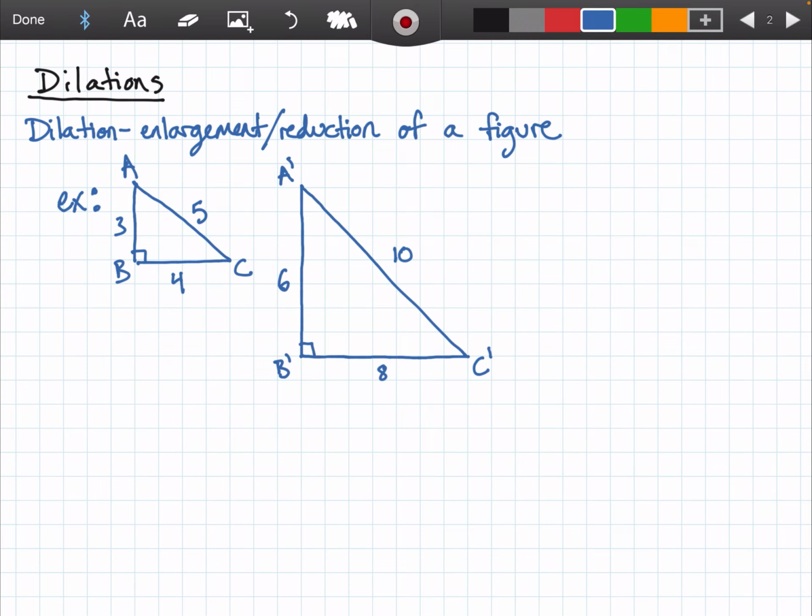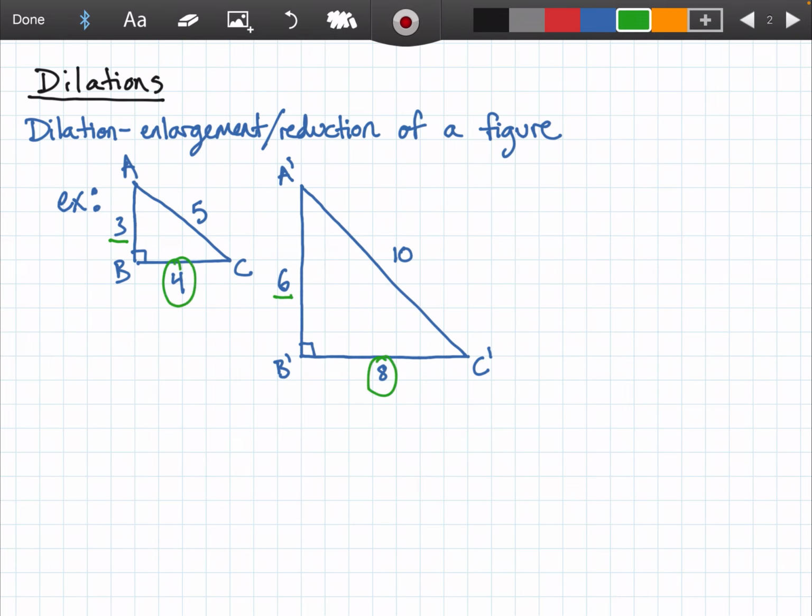Okay, notice that this is a dilation, but how can we tell it's a dilation? I'm hoping you answered out loud, kind of like Dora the Explorer, like you just told me. Basically what happens is I can look at each of these side lengths. I say, oh, from 3 to 6, I multiply by 2.